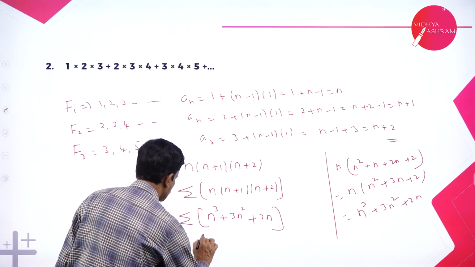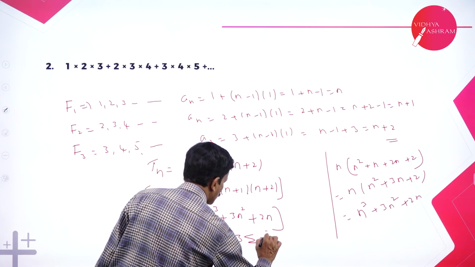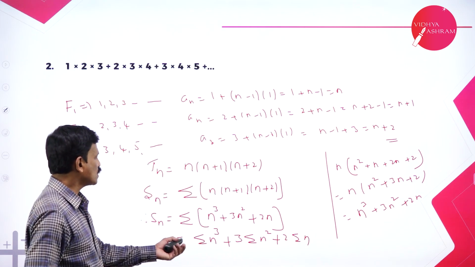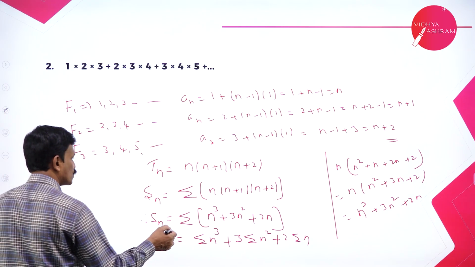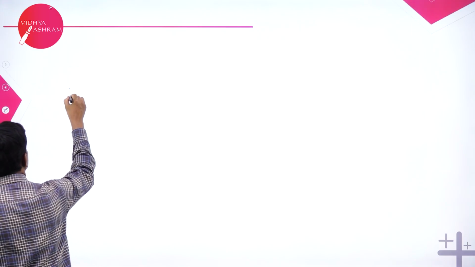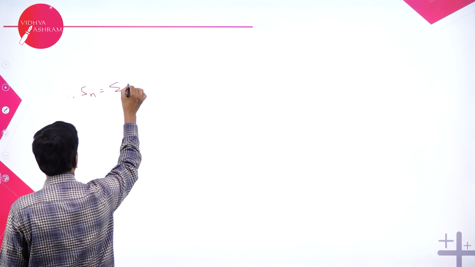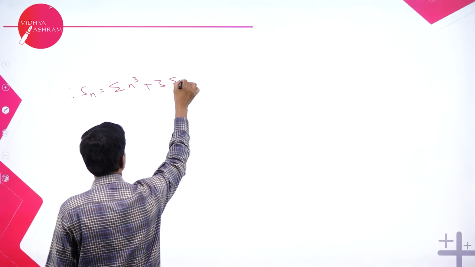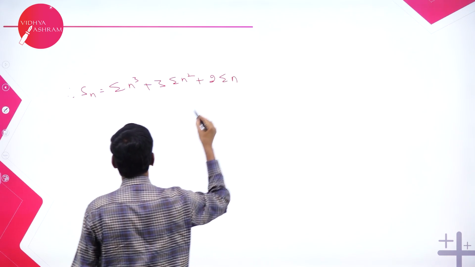So, this can be written as sigma n cube plus 3 into sigma n square plus 2 into sigma n. Now, just substitute the formula for sigma n square and sigma n cube. So, therefore, Sn is equal to sigma n cube plus 3 times sigma n square plus 2 times sigma n.